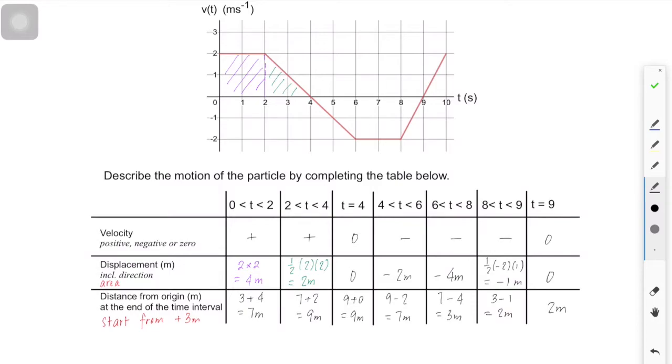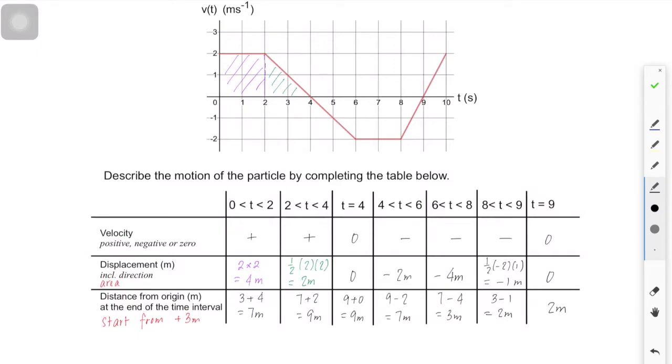And then you start accumulating these displacements up until time equals 4 seconds. And you notice that in the next interval, 4 to 6 seconds, the area between the graph and the t-axis is negative. So you're going backwards, right? So from the 9 meter mark, you're actually going back 2 meters, which means that your new position by the end of that time interval is 7 meters, and so on.